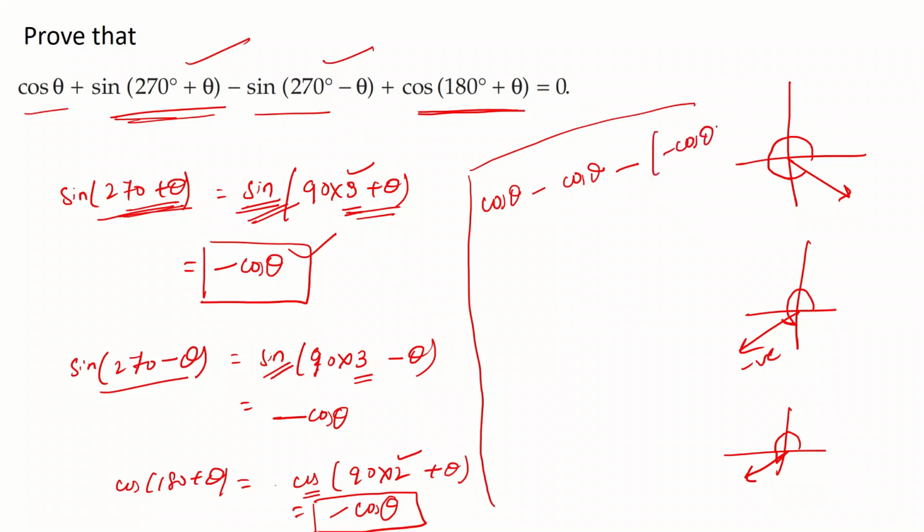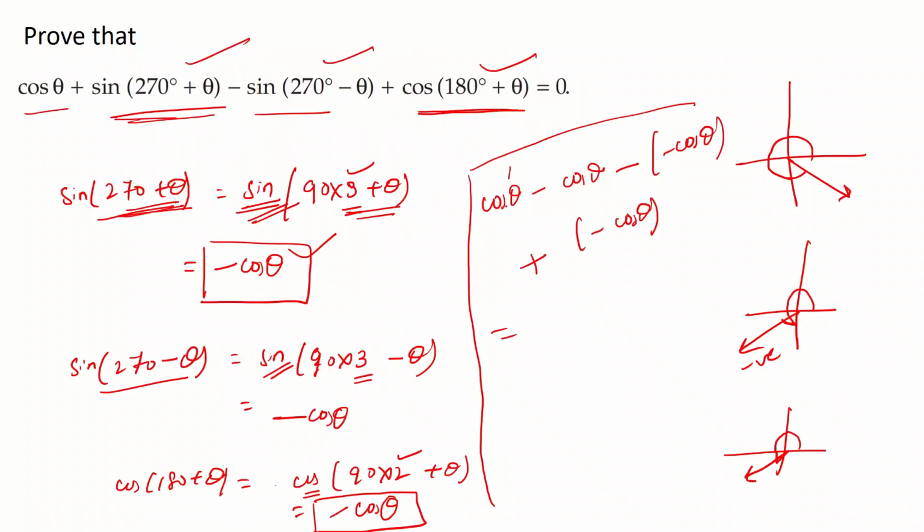So minus cos θ, and then plus cos(180 + θ), which is minus cos θ, and then you simplify. cos θ and cos θ get cancelled out. Then minus times minus is a plus cos θ, and then minus cos θ gives you 0. Alright.